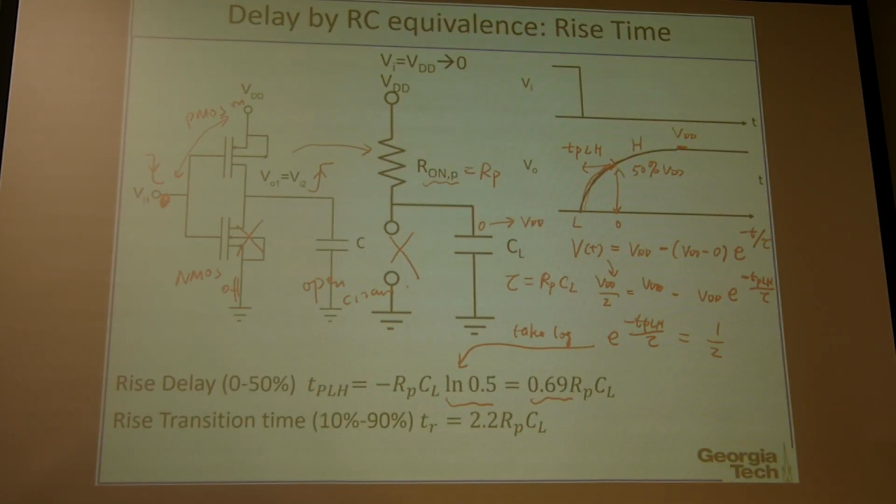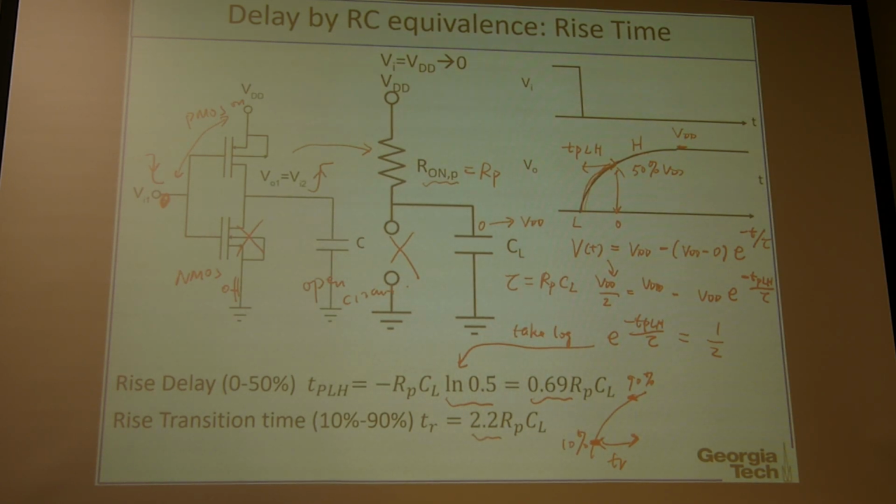And also, actually, you can use this RC approach to get the transition time for the rising edge. If you think about 10% to 90%, you consider 10% to 90%. So if you define this as your rising edge, you can also get this as a function of the tau, which is RC, and this coefficient will be 2.2.